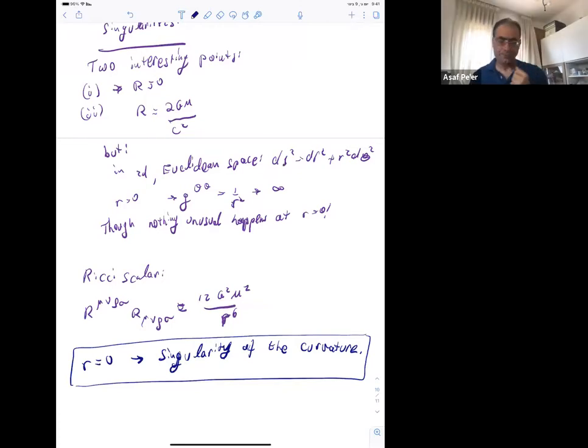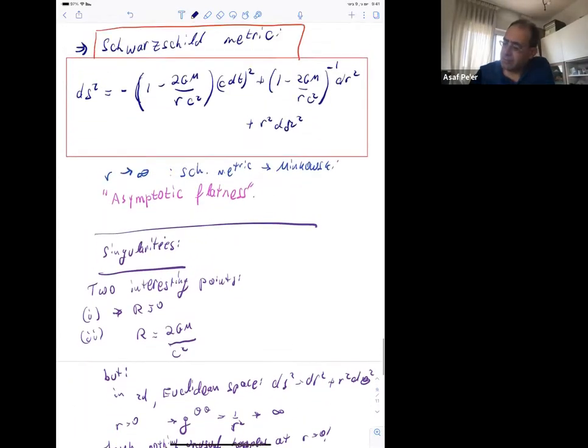Now, at R equal to 2GM over c squared, the Ricci scalar gets some value which is non-zero. So what does it mean? It means that in some sense, the badly behaved mathematics we got is our fault.